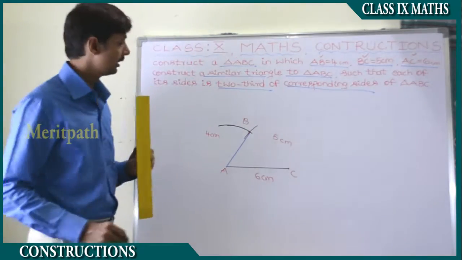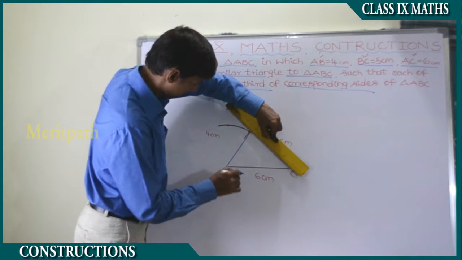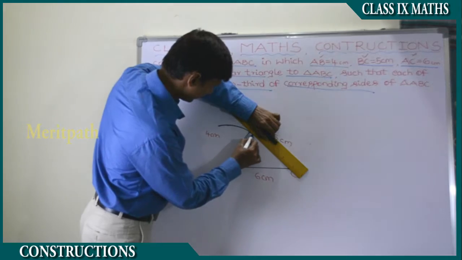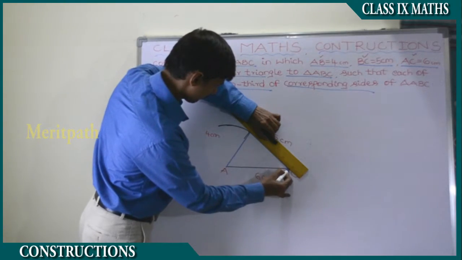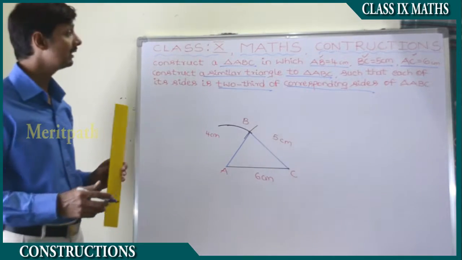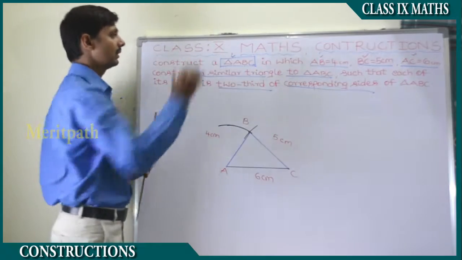AB is joined, and let us join BC. B and C should come on the same line. So BC is joined. We got triangle ABC. Triangle ABC is drawn. It's completed.